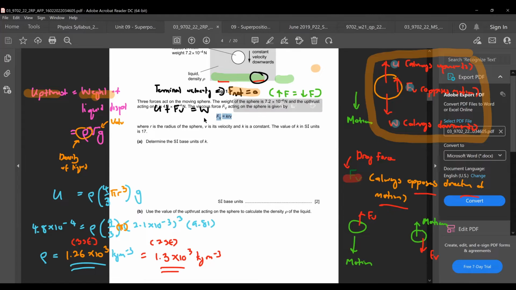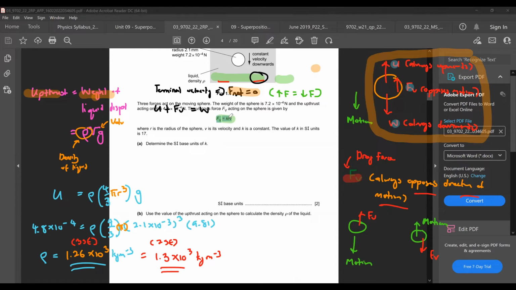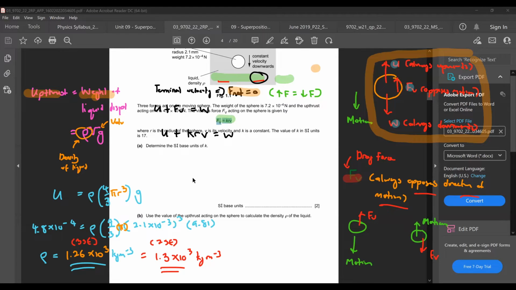You have to substitute one of the things so that you have an expression for velocity. And it so happens that they already gave you that. Your viscous drag is FV equals KRV. So from here, this is going to be U plus KRV equals W, right?